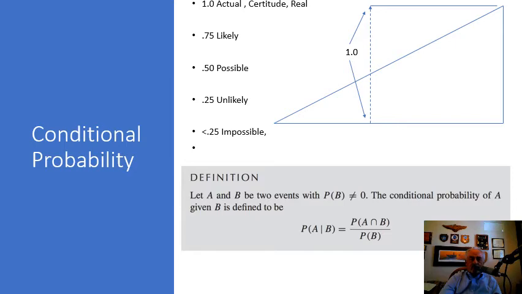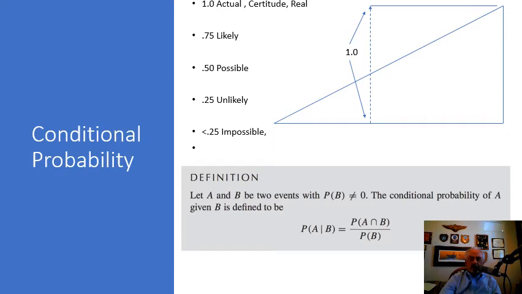The quantum aspects of this are represented here. We are going to quantify. If something is actual, real, and it is certain, we're going to give it a value of 1.0.